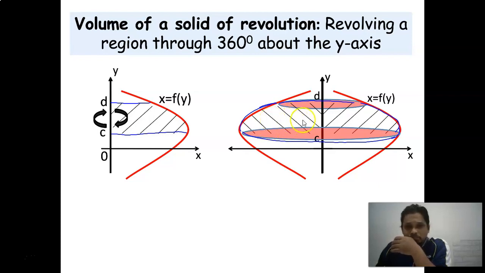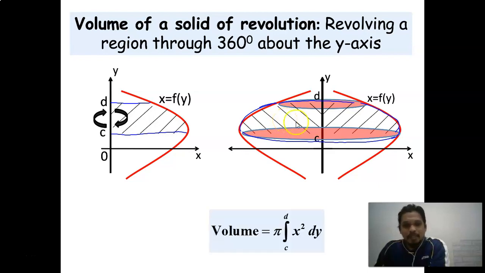But just imagine that when this area is rotated 360 degrees, we get a 3D picture with a height, a shape and so on. And the volume equals pi times the integral of x squared dy.